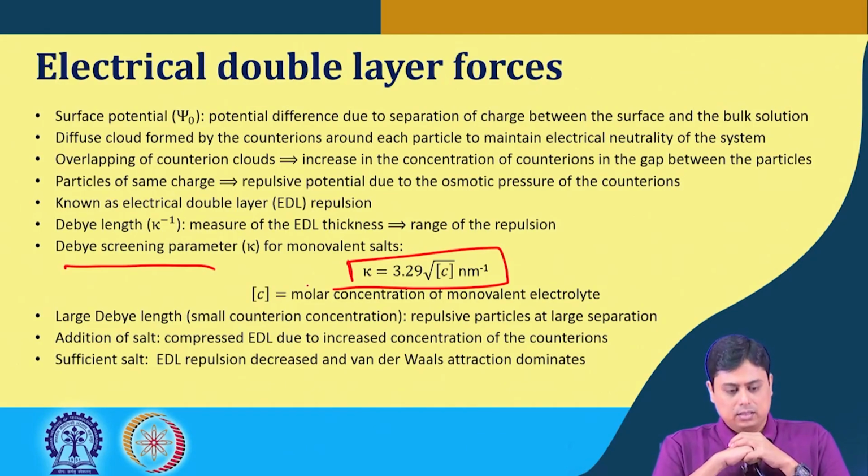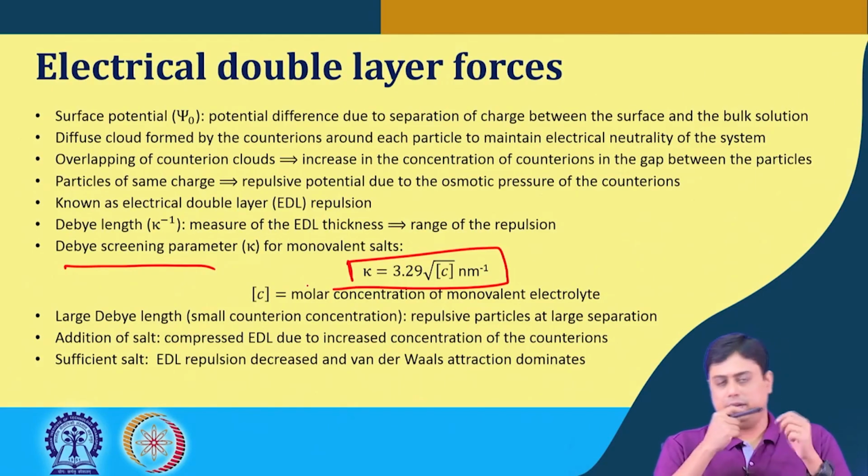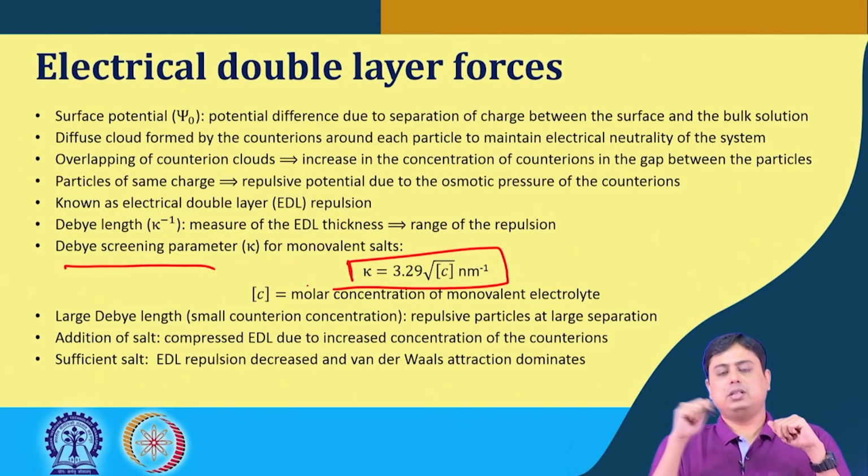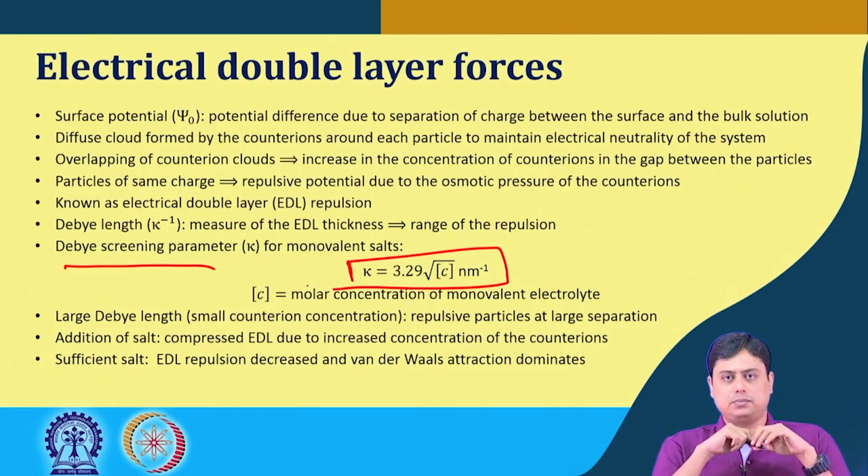So, Debye length provides the measure of the electrical double layer thickness, which also tells us the range of the repulsive force.